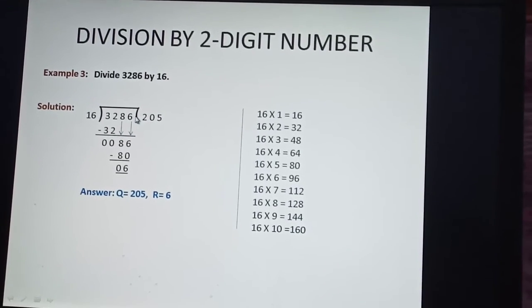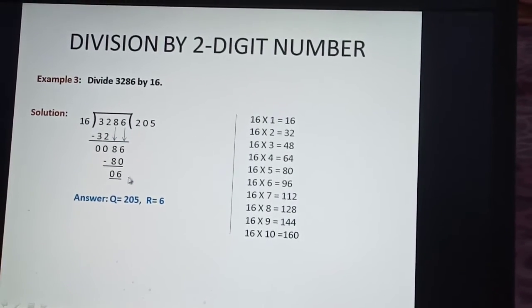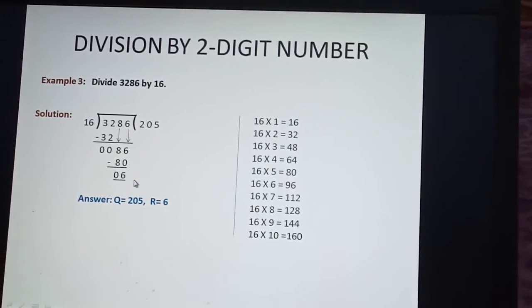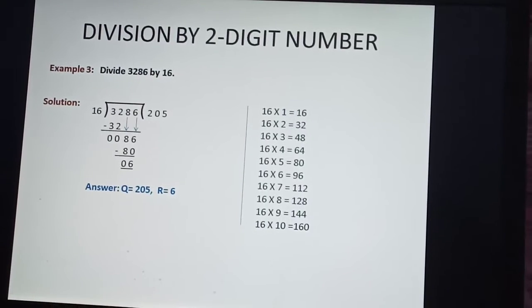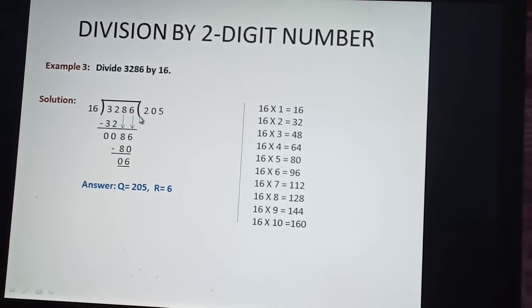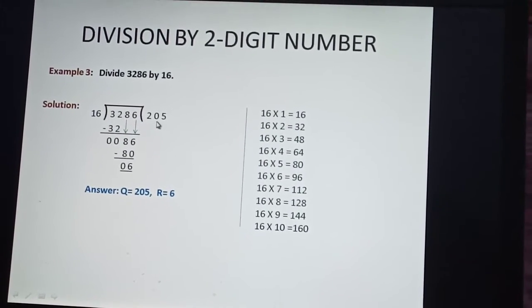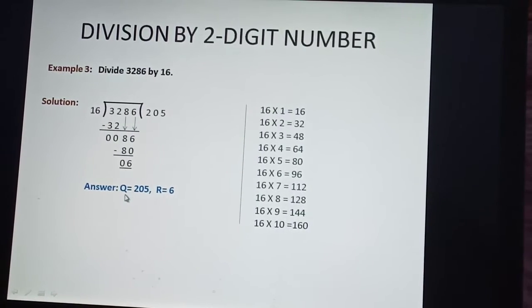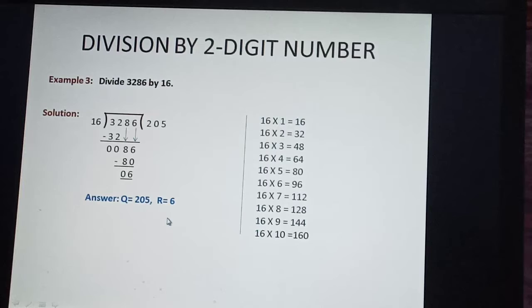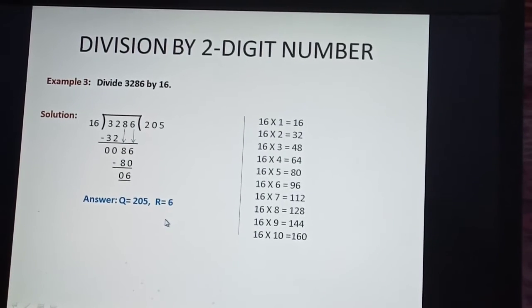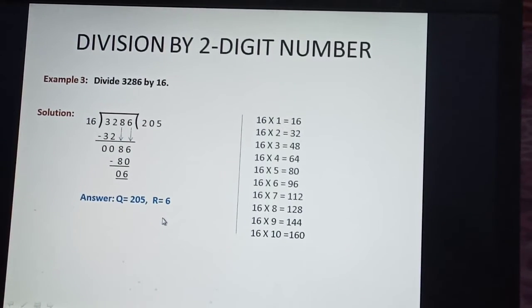Now we don't have any more digit to bring down, so that means our division is now completed. We will stop here and now it is the time to write the answer. What is the main answer? This quotient is 205 and what is the remainder? 6. So always write down answer after performing division question.